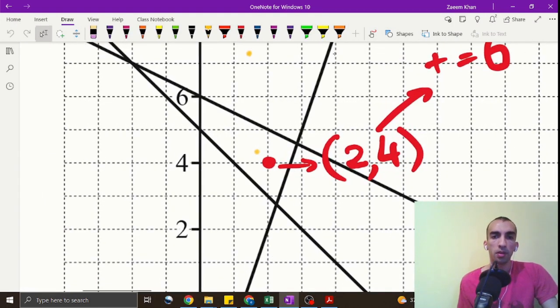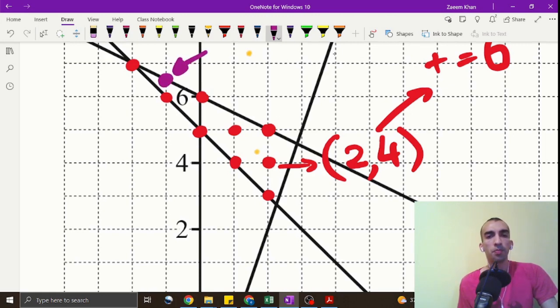On the line. So this is an integer. That's a possibility. That's a possibility. This one too. What else? This one, this, and this. Rida, why wouldn't I take this point? This purple one.